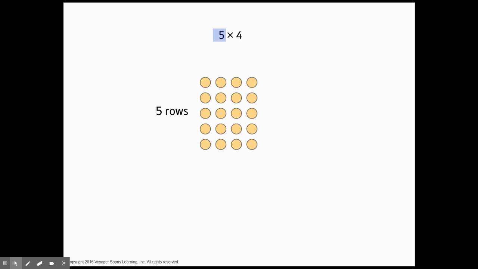This is our first problem, 5 times 4. When we look at this in a model, the model has 5 rows of circles, 1, 2, 3, 4, 5, and 4 circles in each row. The model shows the repeated addition problem, 4 plus 4 plus 4 plus 4.